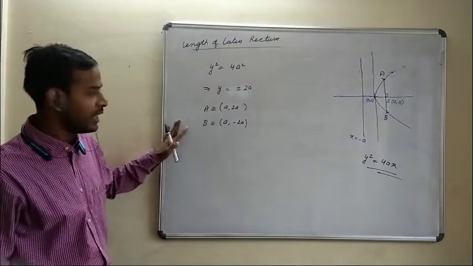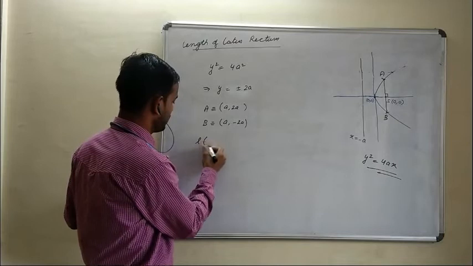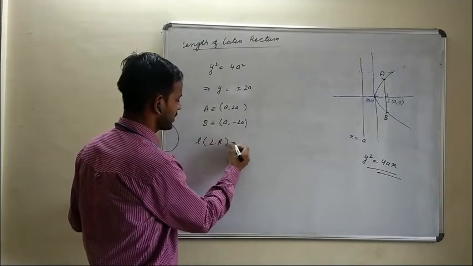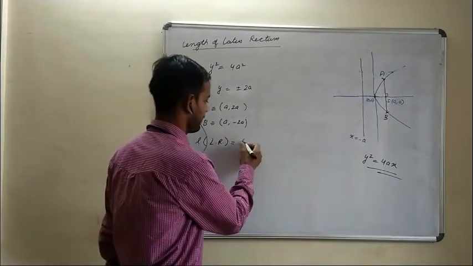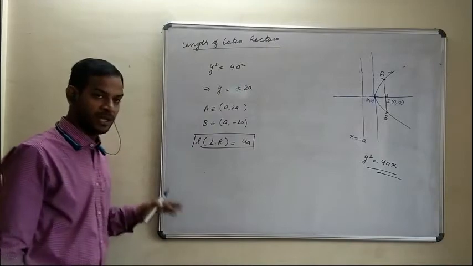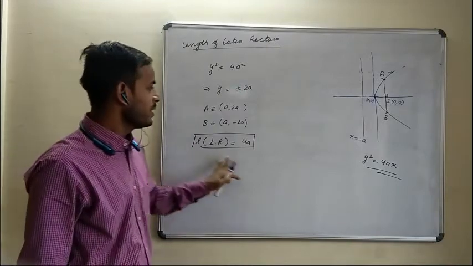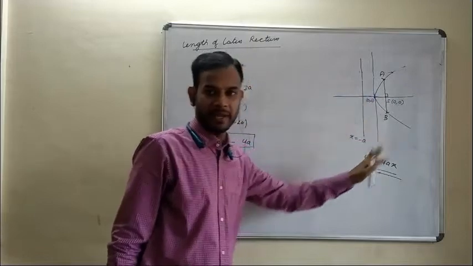Clearly the length of the latus rectum will be the length of AB, which is the distance between these two points, which is 4a. We need to remember this result: the length of the latus rectum of a parabola is 4a.